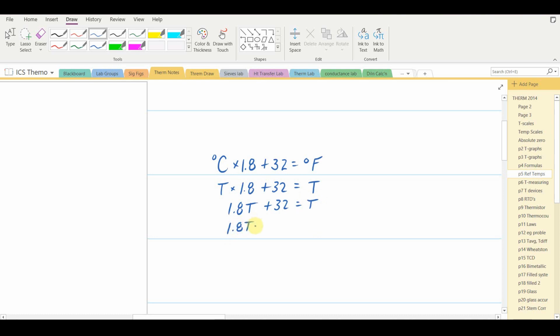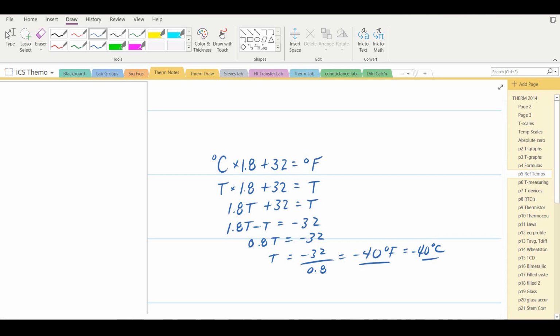1.8 T minus T is equal to negative 32. 0.8 T is equal to minus 32. And T equals minus 32 divided by 0.8. Turns out that's minus 40 degrees Fahrenheit is equal to minus 40 degrees Celsius. At minus 40, the temperature is the same, whether it's Fahrenheit or Celsius.